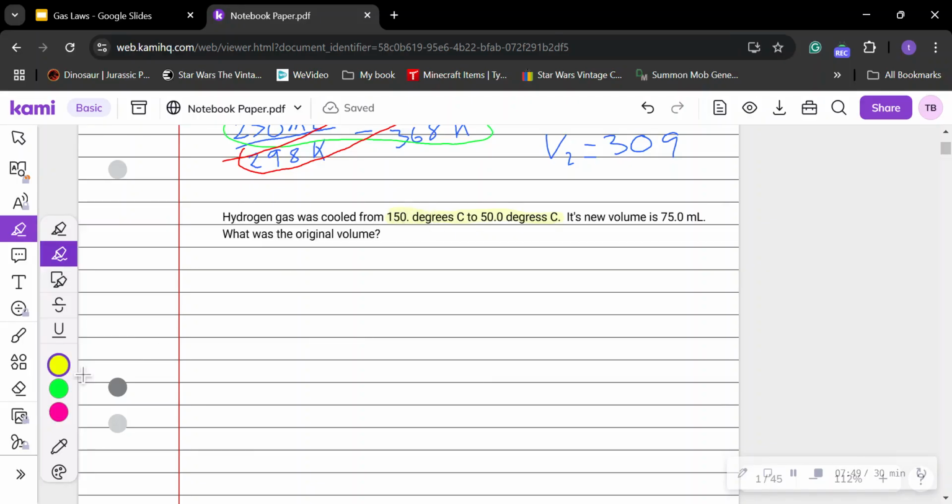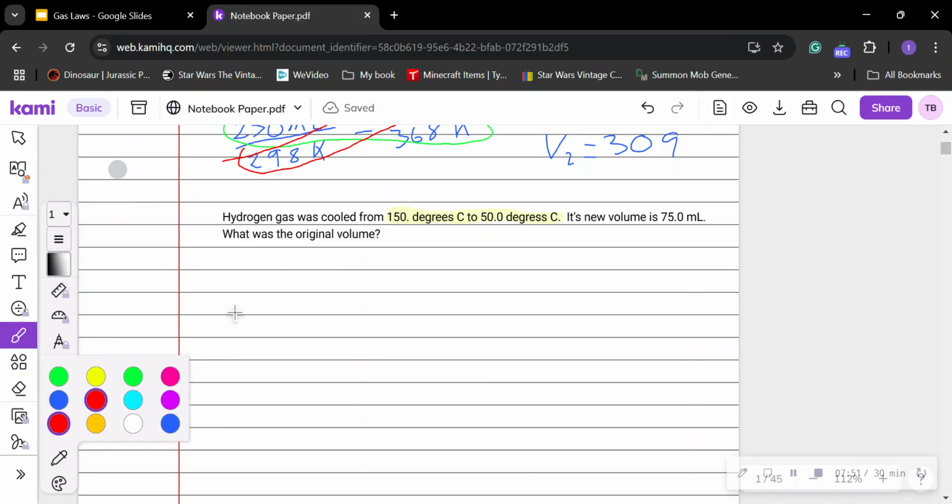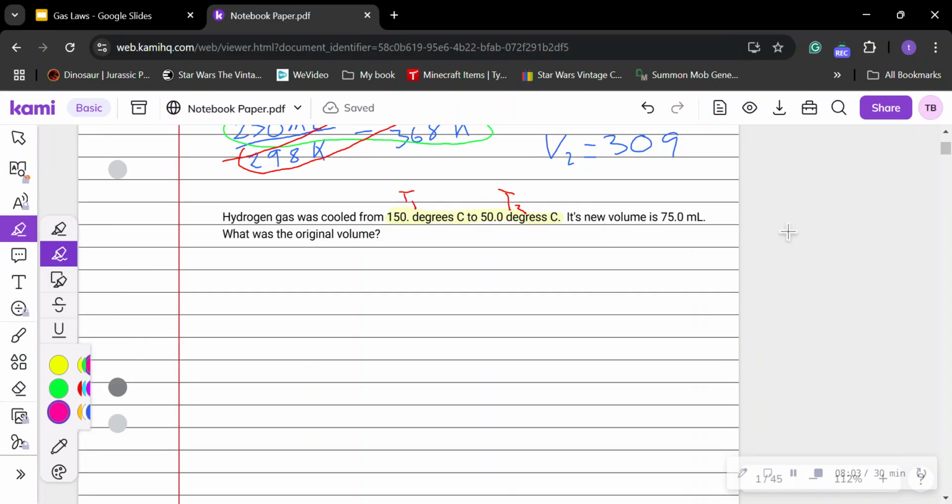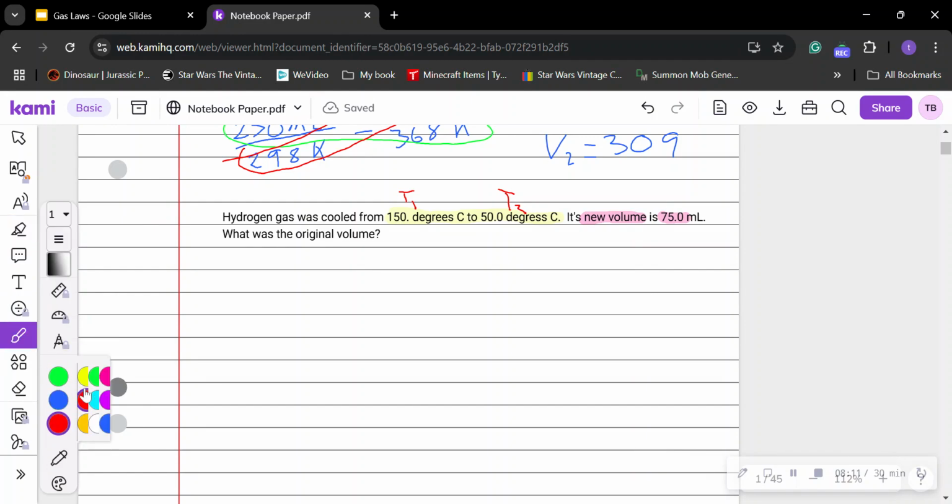It's from 150, so that would be our initial temperature, or temperature 1. This would be our second temperature. It also says, and this is very important, the new volume, 75 milliliters. So that means our volume 2 is 75. We're looking for the original volume, V1.